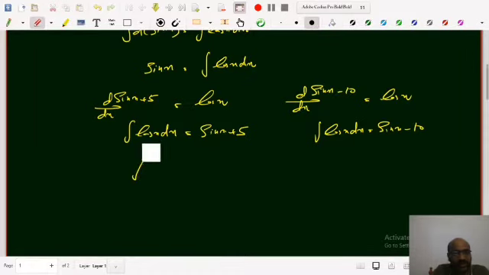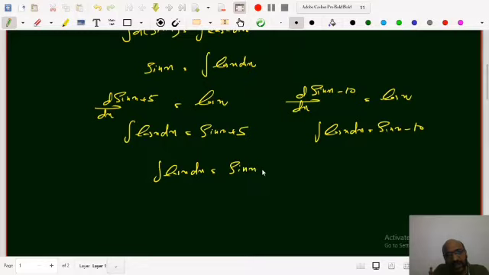That is integration of cos x dx is equal to sin x plus c. This c is a constant, can be 5, minus 10, any number. So this type of integration is called indefinite integral because c can be any value. There is no definite value.